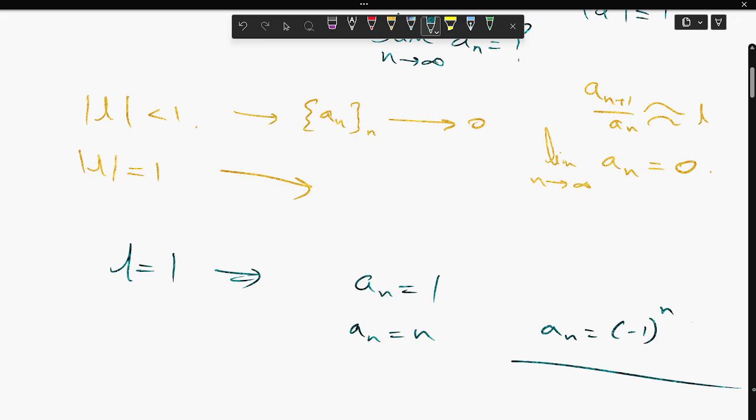Okay, so thus when the mod of L is equal to 1, the limit n tends to infinity an cannot be determined uniquely without additional information about the sequence. Now the conclusion. For the mod of L less than 1, the limit n tends to infinity an is equal to 0, and for the mod of L equal to 1, the limit n tends to infinity an may or may not exist, and its value depends on the specific sequence.